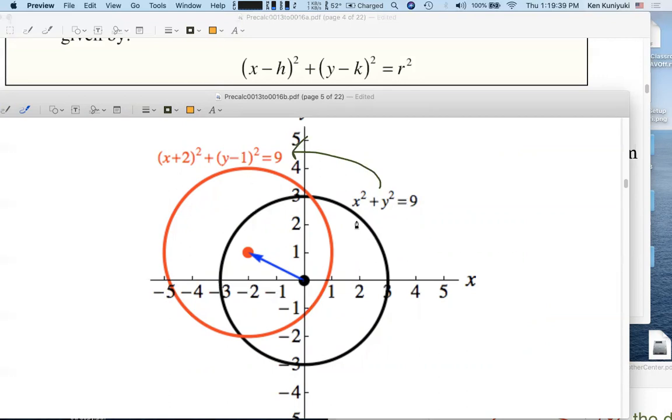And yes, it will involve, in general, substituting x with x plus 2 if you want to move the shape to the left by 2 units. And we're going to substitute y with y minus 1 if you want to translate up by 1 unit. Those general principles will apply in chapter 1 for more general graphs. So here is an early example of a translation.